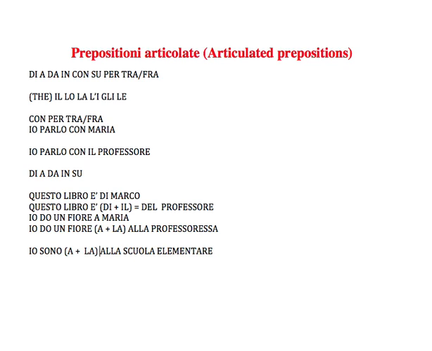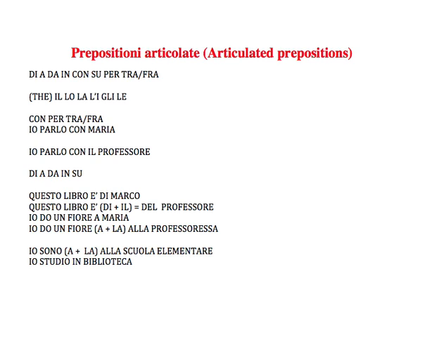Let's use another one with in. Io studio in biblioteca. Okay, you know this. I study in the library. In Italian, we don't use the article when we simply have biblioteca.